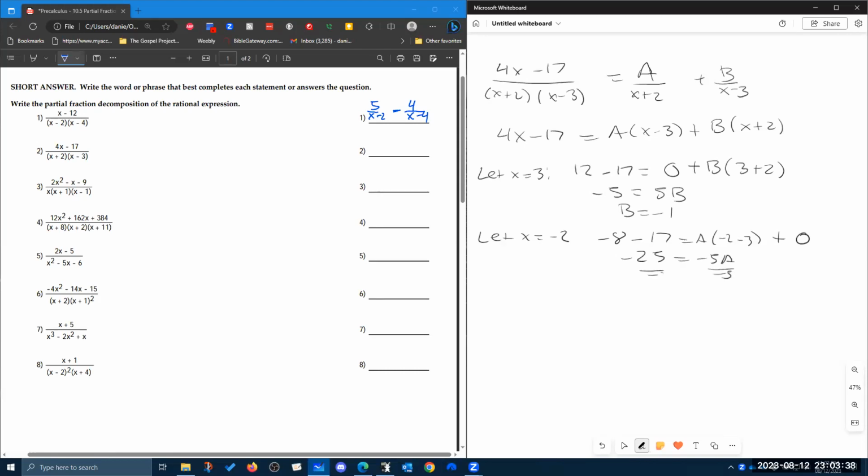Divide by negative 5, and a equals 5. Those are exactly the same answers I would get if I used the comparing coefficients method. So a is going to be a positive 5 over x plus 2. B is going to be a negative 1, so that's minus 1 over x minus 3.